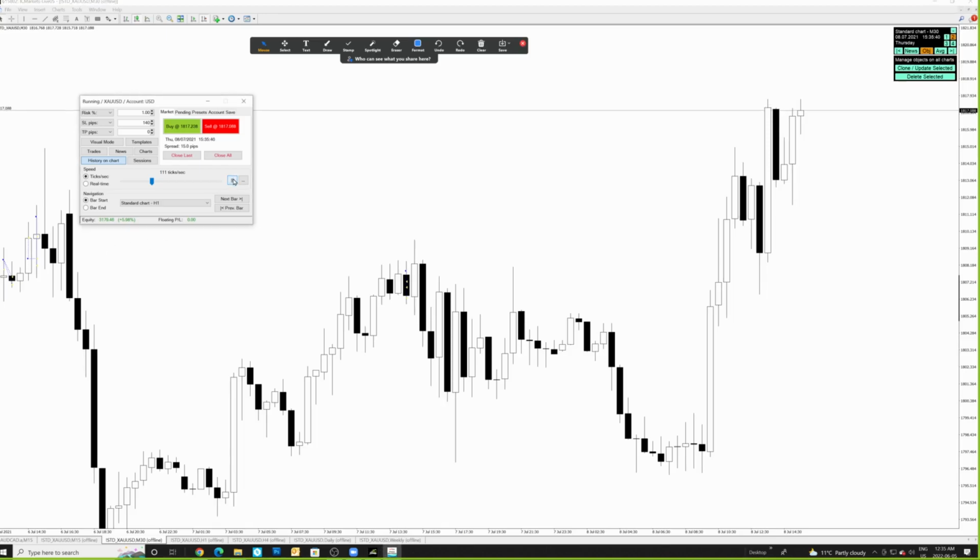All right, let's just wait over here. We got support formed. Let's redraw the zones. Let's draw another zone right here. Now, the new candle will start here soon, and we shall see.